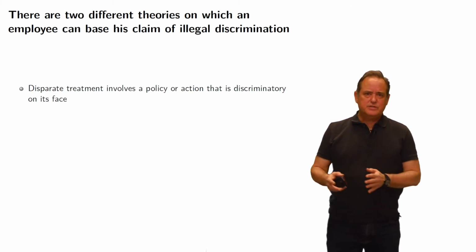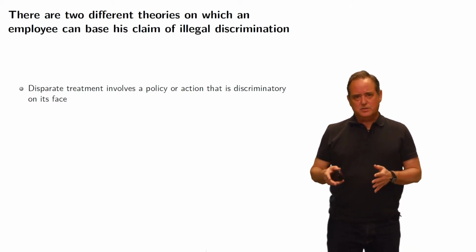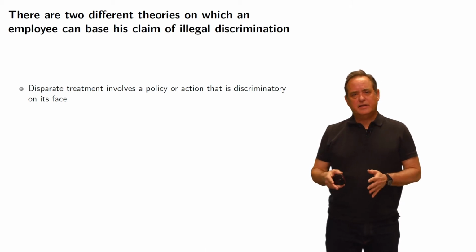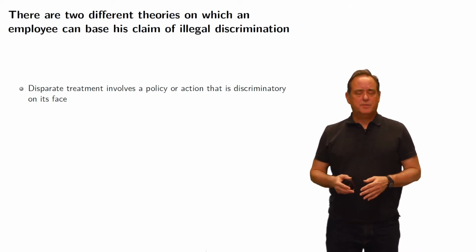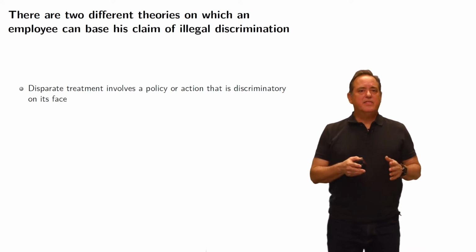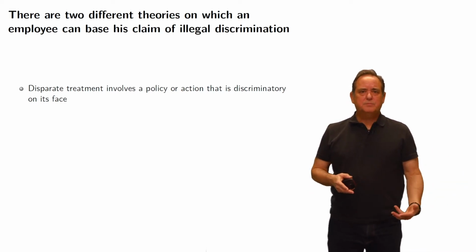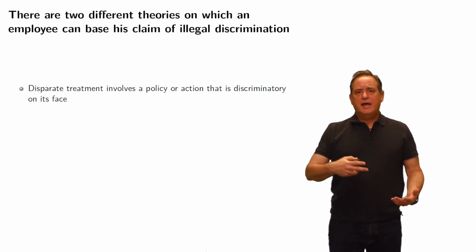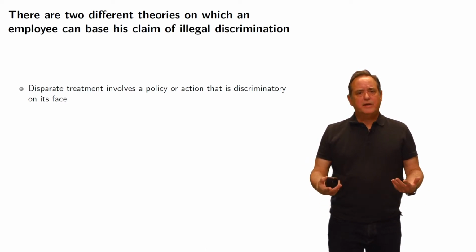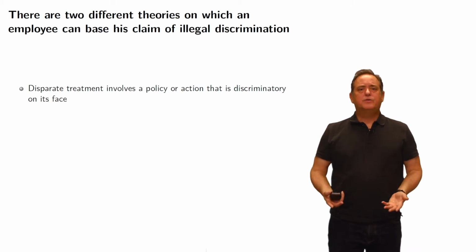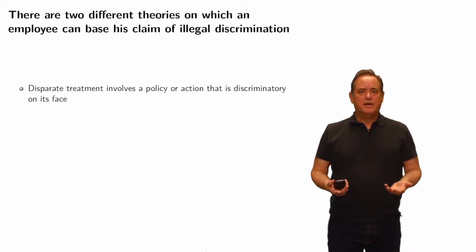If I have two similarly situated individuals and I treat them differently based on their membership in a protected class, then that is disparate treatment. So say I have a male employee named John and a female employee named Maria, and they both show up late to work one day.